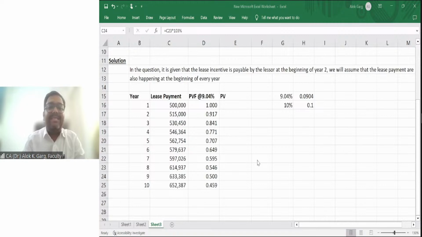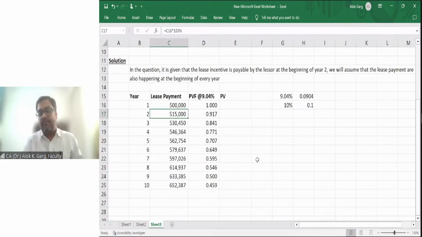It is given that the lease incentive is given by the lessor to the lessee at the beginning of year 2. The lessee will first pay 5,15,000 and he will get back 2 lakh rupees. So net, the lessee will pay 3,15,000 rupees, right?